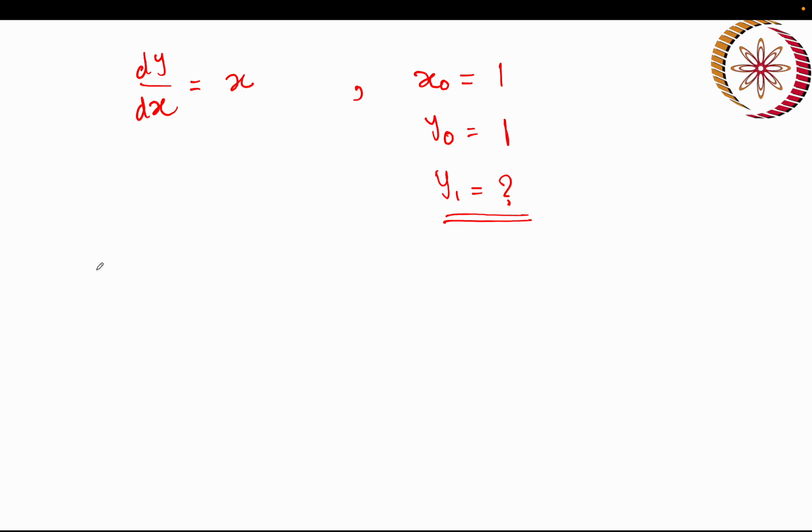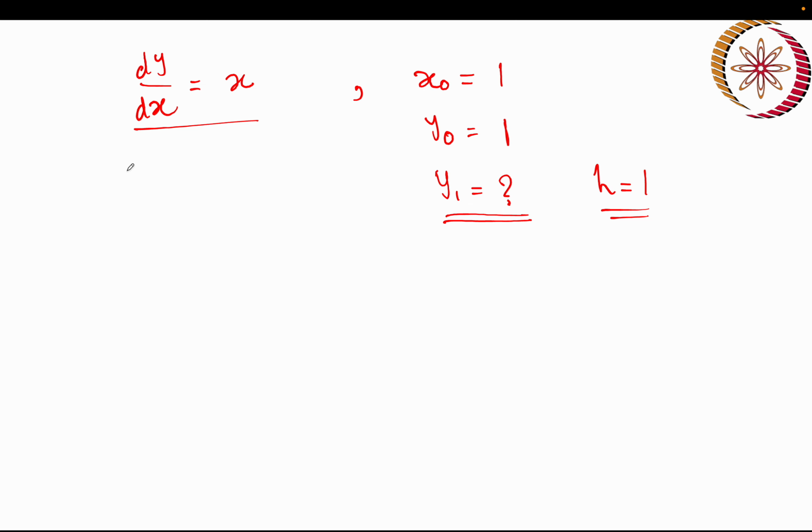Let's assume that we are taking the step size equal to 1. So in the first iteration itself we'll get the value. Let's integrate this directly first and see what the value is, and then we'll compute by the RK method.